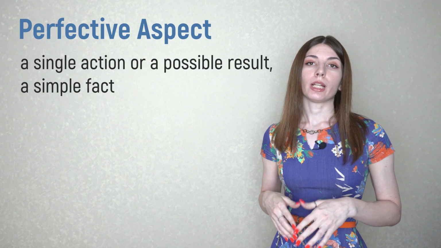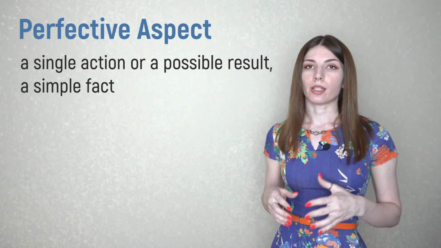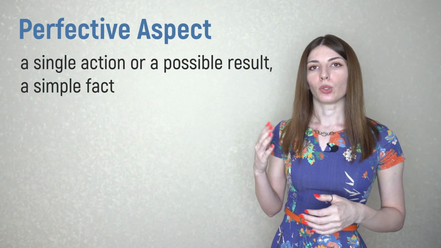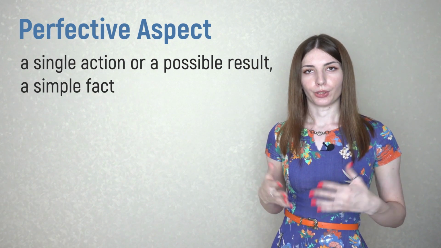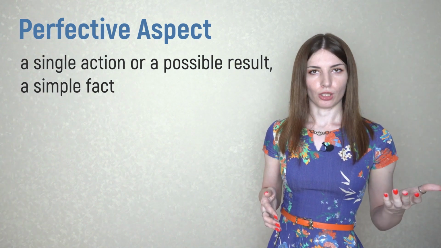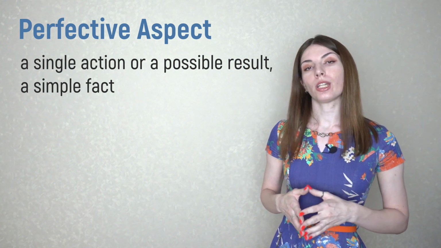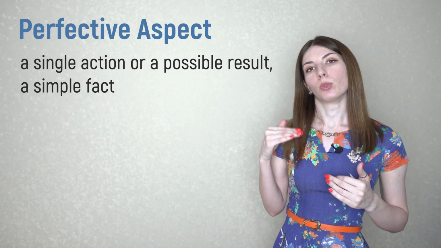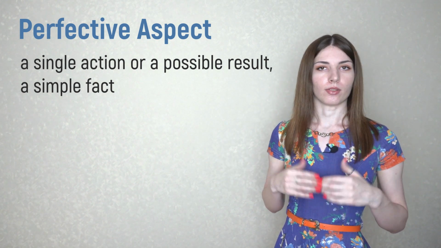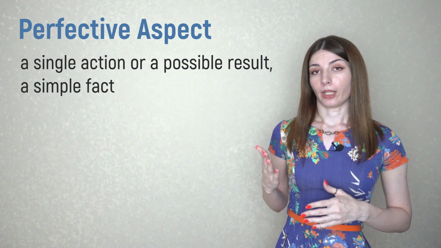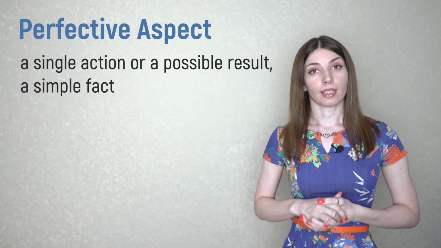You just want to show that it won't be a process, it'll be the result, the fact of the action, like "I'll call you tomorrow." Obviously, if you say "I'll call you tomorrow," you don't mean "I'll be calling you" in the process. No, it is a simple short action which will have some goal, some result, and it's just a fact and one single action.